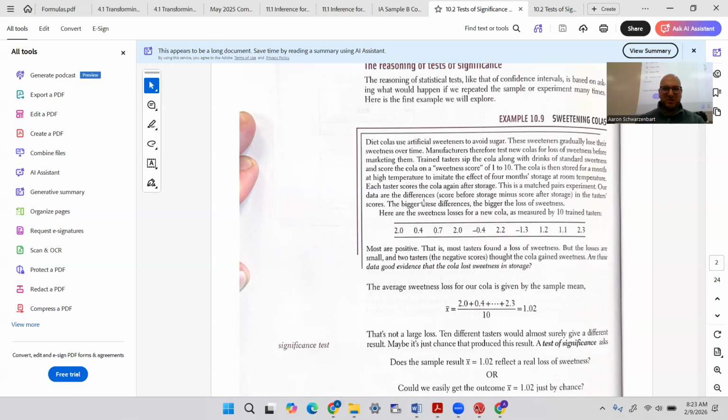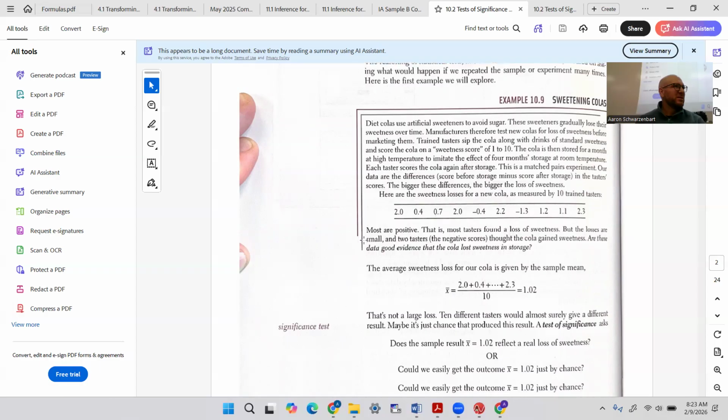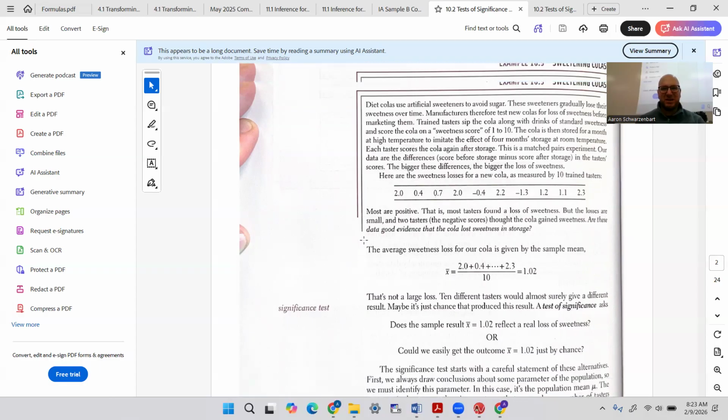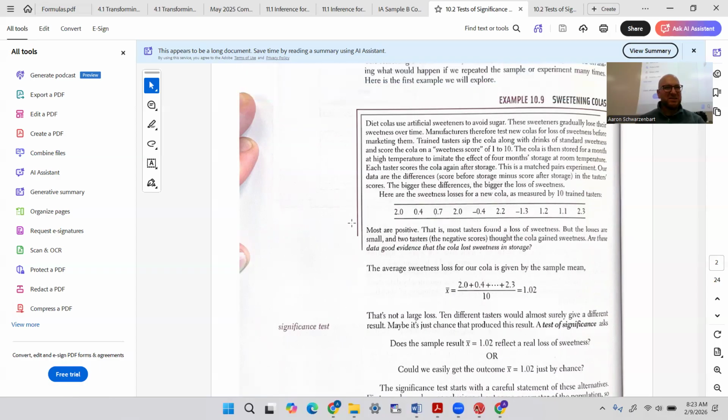Okay, sweetening colas. Do you guys remember this example from 10.1? We had the sweetness taste testers, and we tasted the sweetness loss. And so this is with artificial flavor sweeteners.